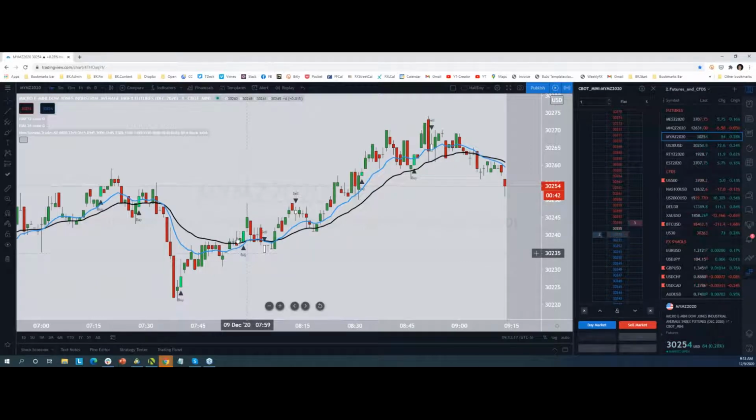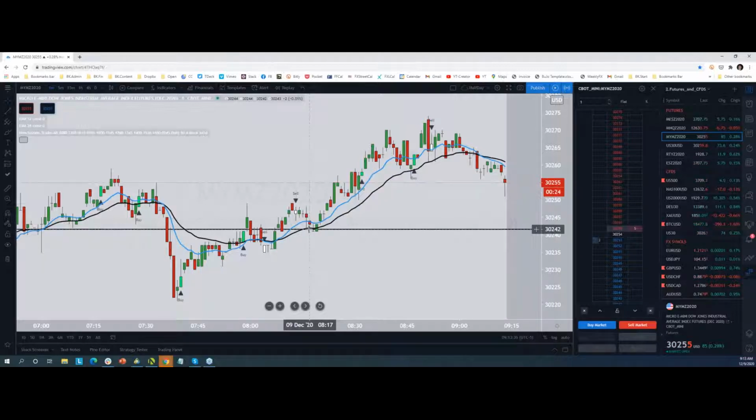Step one is we have moving average separation. So we have trend defined. Trend is defined as moving average separation. That's step one. Step two, we have a sell candle in an uptrend.